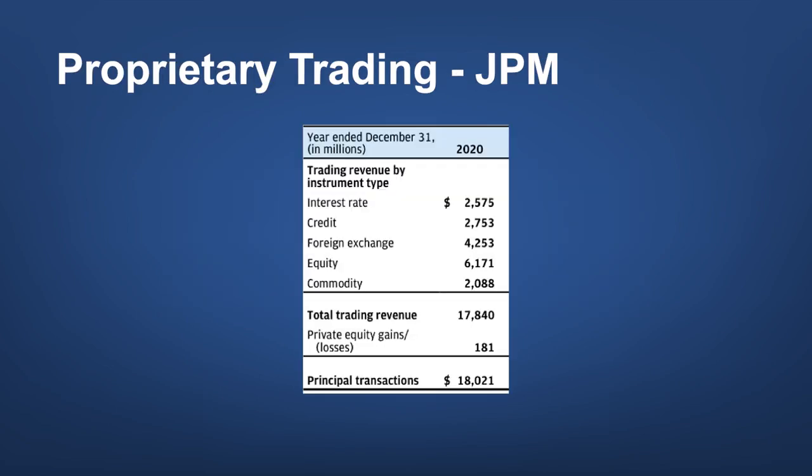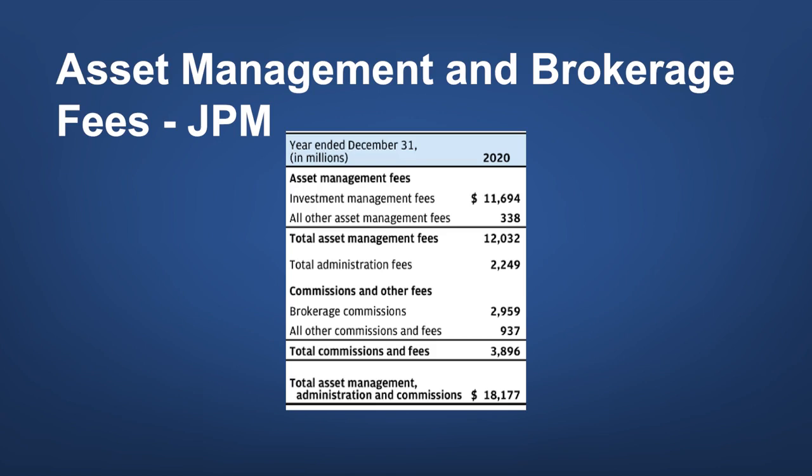Prop trading. These are also called principal transactions. This is when JP Morgan's traders take speculative positions in financial markets to make profits on its own account. So this is not on behalf of its customers. This generated a whopping $18 billion of profits in 2020. And then we have fees from asset management and brokerage services. This is when JP Morgan is helping its customers invest in financial markets.